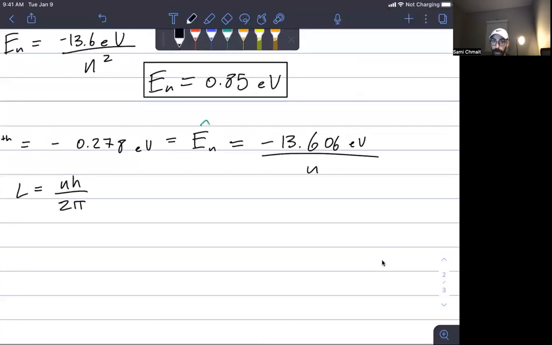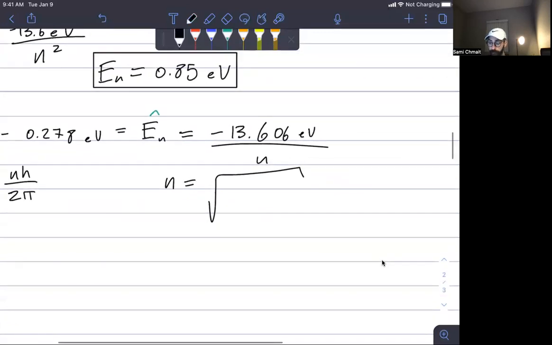You can just rearrange the equation to solve for n in the following way. Then these negatives will cancel out, and n will come out to be equal to 7.